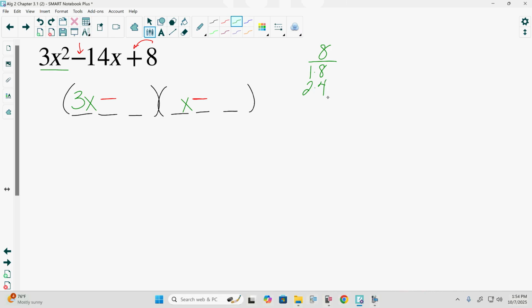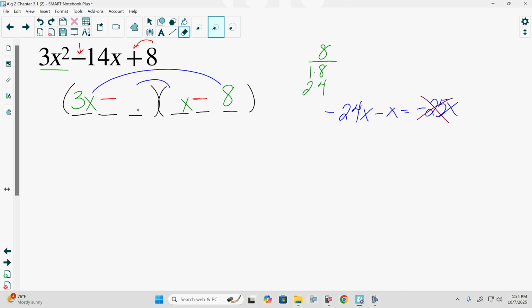Which one do we want to try first, 1 and 8 or 2 and 4? 1 and 8. And then we can check. 3x times negative 8. 3 times negative 8 is negative 24x. Negative 1 times x is negative x. Negative 24x minus x. Negative 24 minus 1 is negative 25x.